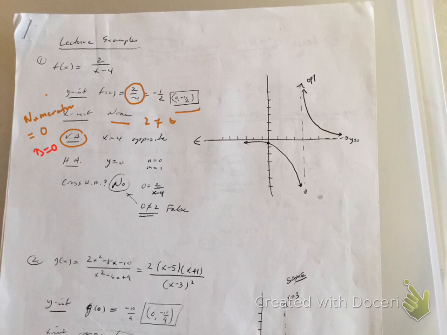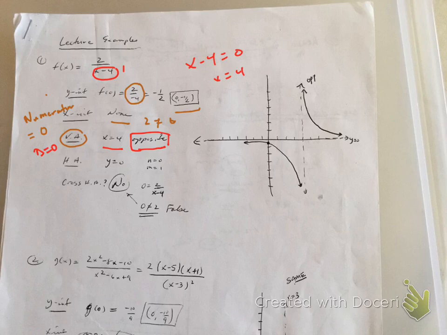I'm looking at the denominator, and I'm trying to figure out what makes that equal to 0. The answer is x equals 4, and that's where I get this vertical asymptote. Because this exponent is to the first power, it's going to approach in opposite directions based upon what we talked about in slide number 1.